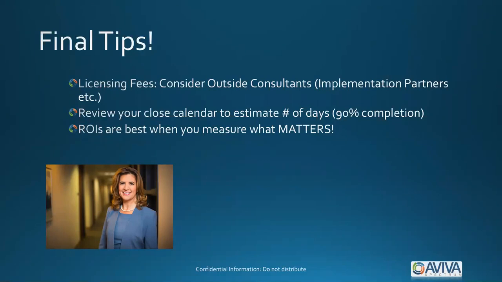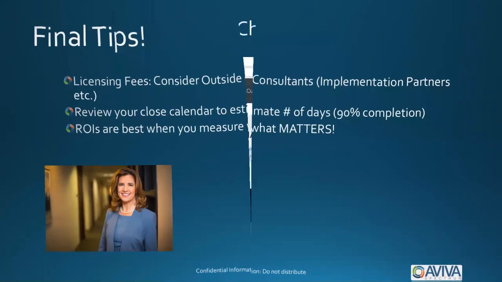I get a lot of eye-rolling when other people present their ROI models and they include things that the accounting department has never tracked in terms of cost to their department. So measure what really matters.